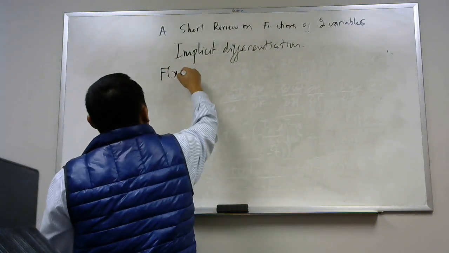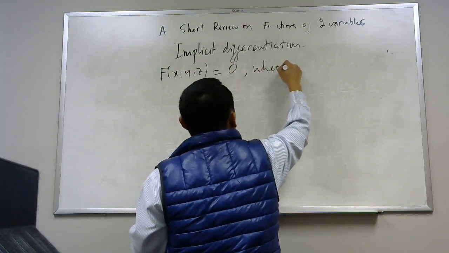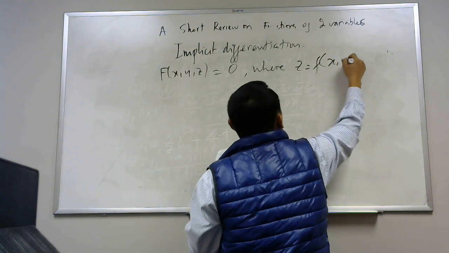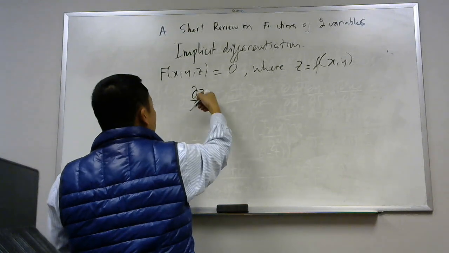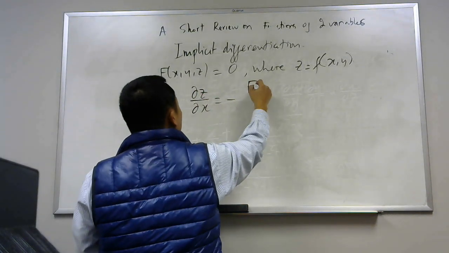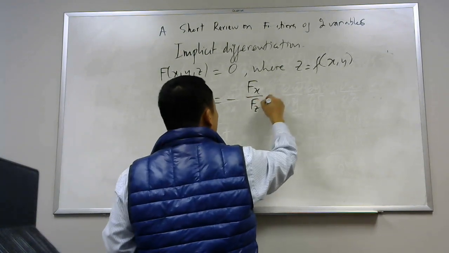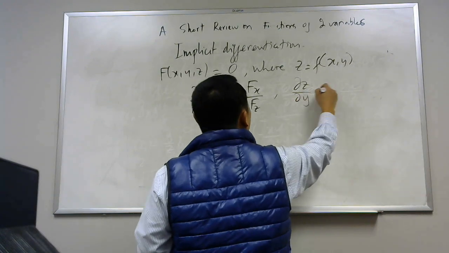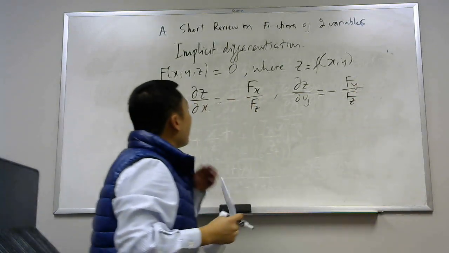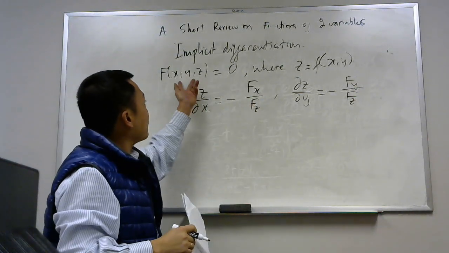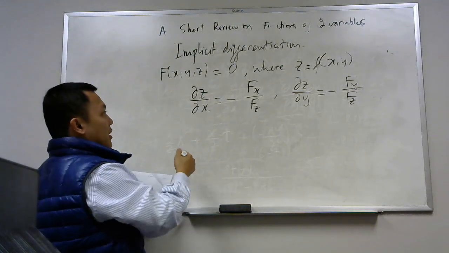If you have f(x, y, z) equal to 0, where z is a function of x and y, then you can find the partial derivative of z with respect to x, which is equal to negative fx over fz. And the partial derivative of z with respect to y is equal to negative fy over fz, where fx is the partial derivative of this function with respect to x. We can prove that easily, and we have seen it in class.